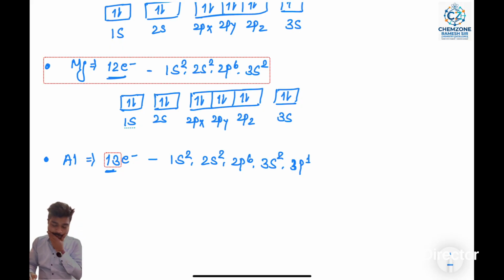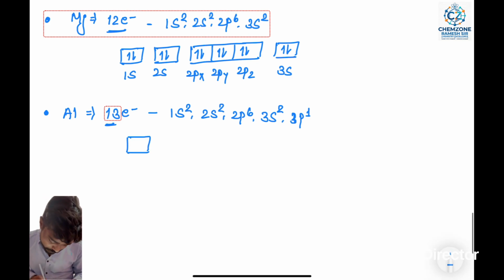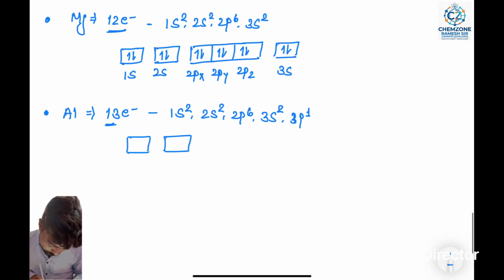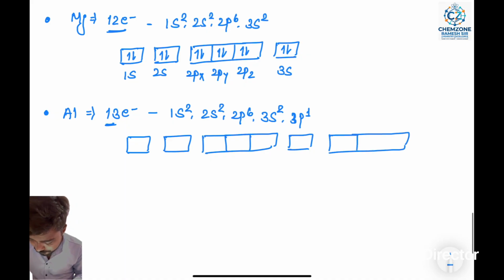So 3p1. So we have mentioned the orbitals: 1s, 2s, 2p and 3s, and that is where 3p. Okay, one orbital is increased.